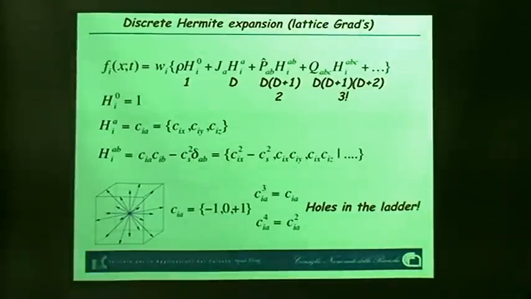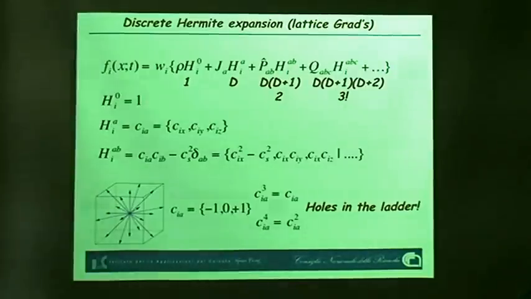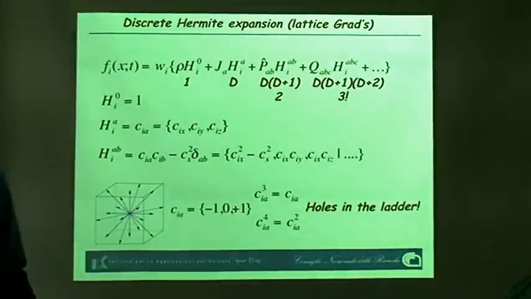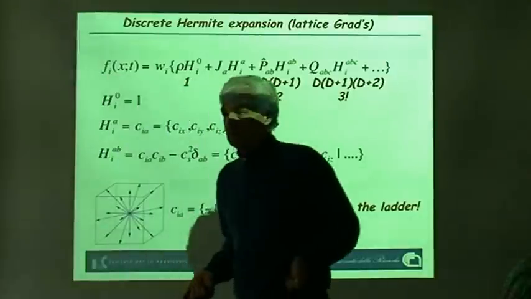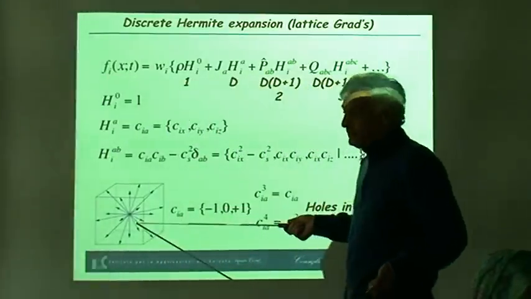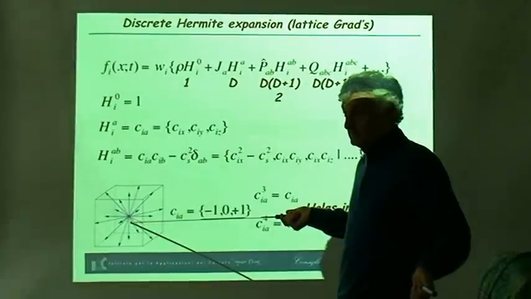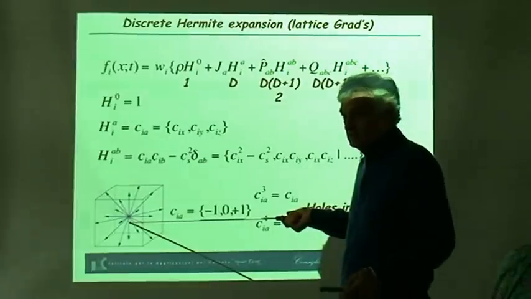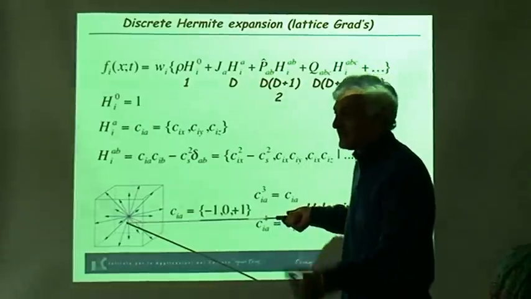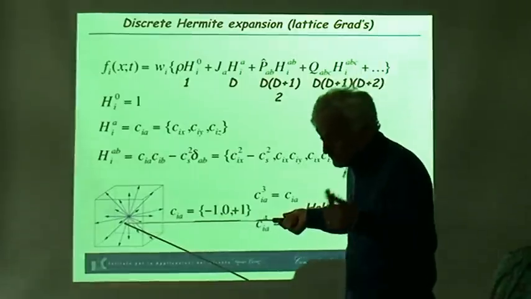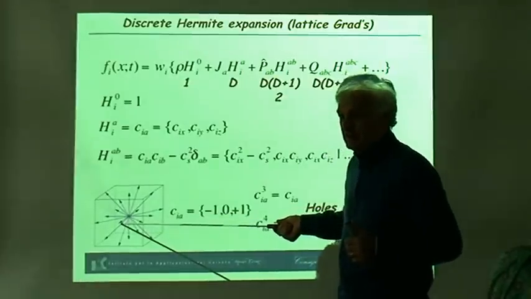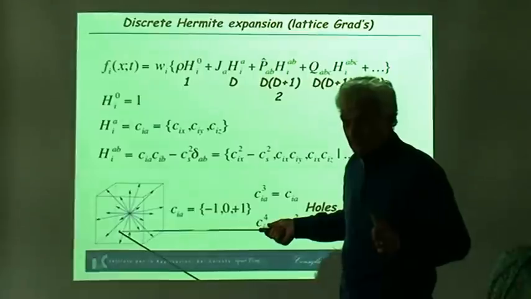I mean, all this should be hidden, is not observable, so to say, at the hydrodynamic level. Nevertheless, these guys have to be there, because if they are not there, then you would not have the right crystallographic symmetry. So this information is like dark matter, so to say. It has to be there, but you don't see it. You don't want to see it, actually. So do you get the point?